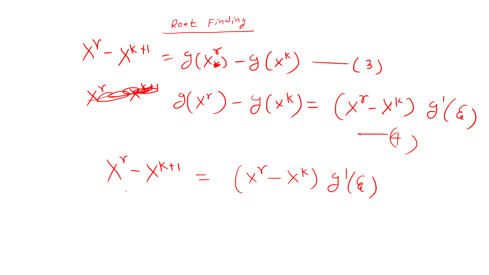Now if we define error as x r minus x, then e at k plus 1 is nothing but e at k times g prime chi.